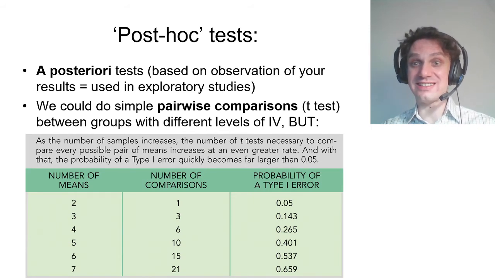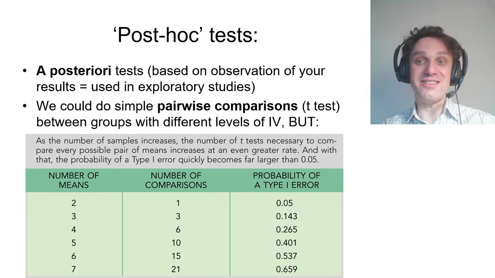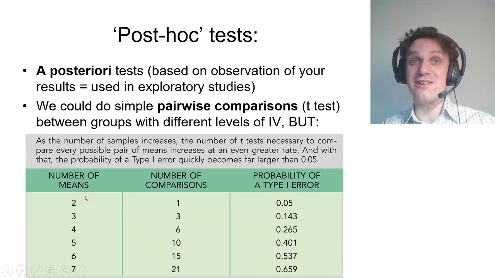Because if you test your hypothesis at p less than 0.05 level, there is a 1 in 20 chance of observing a significant difference just by chance alone. And because you have so many of those comparisons, of course, if you have just 3 groups, probably it's no big deal.